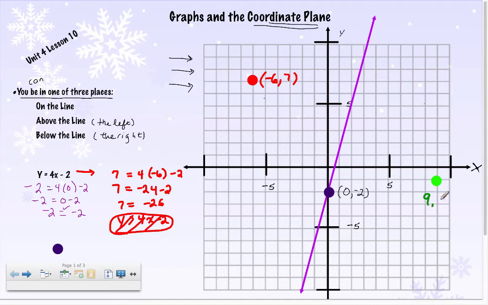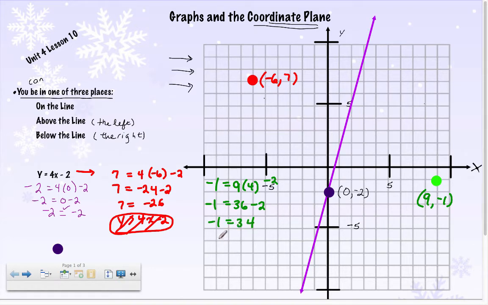So here is the green dot, (9, -1), and I'm going to put that coordinate into my equation. Y value is -1. X value is 9, which has to get multiplied by 4, minus 2. Get -1 equals 36 minus 2. -1 equals 34?